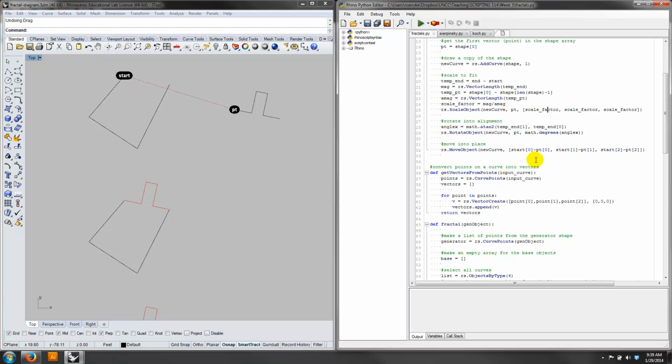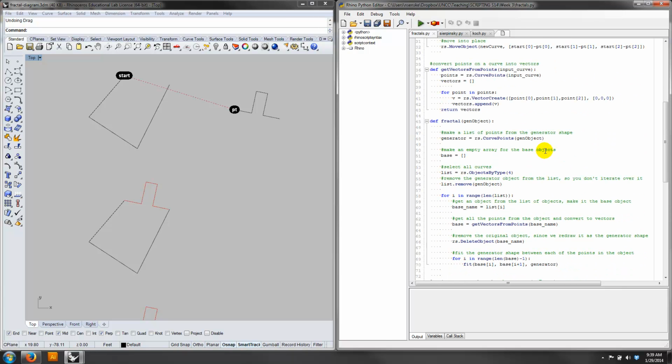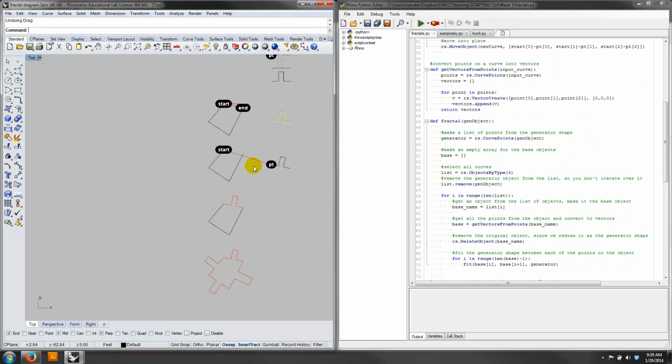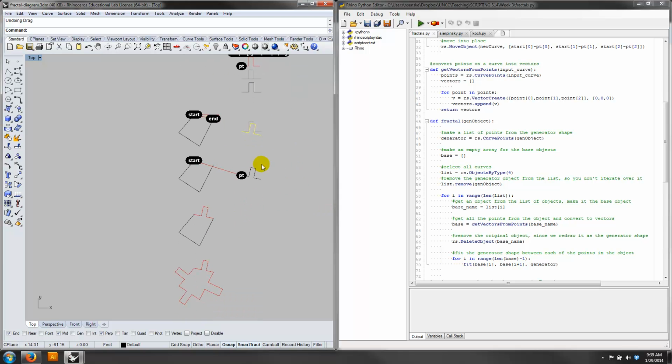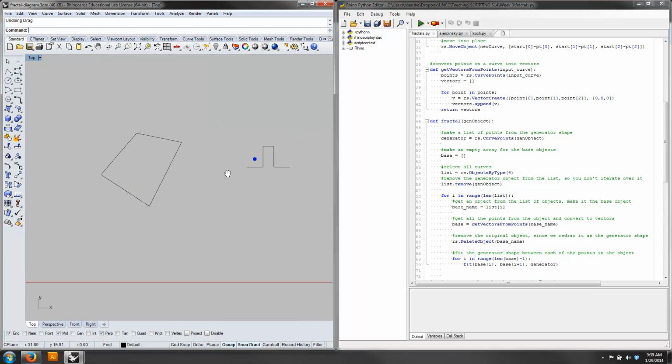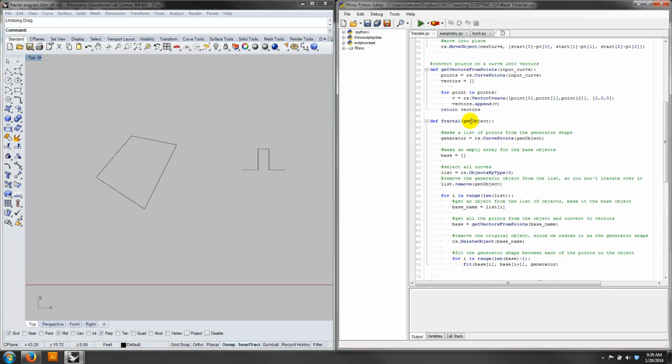Okay, let's get into fractal. So if we look at the fractal algorithm, it's actually pretty simple. Let's just take a look at this. So the generator is, when you click and choose the object, that object goes into fractal. We take that object, we call it generator. We find all the points on that object, put that in the generator.